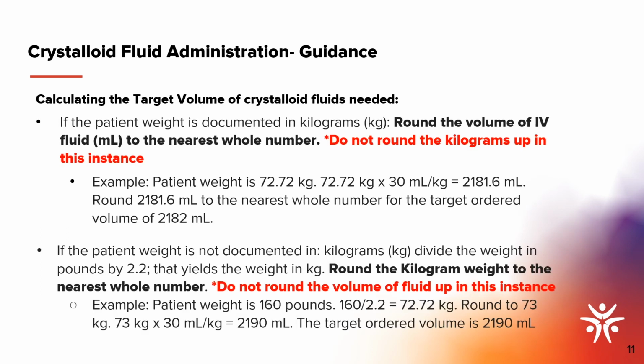When calculating the target volume of 30 cc's per kilogram, multiply the patient weight in kilograms by 30 to get the target volume needed. Just a couple of notes.